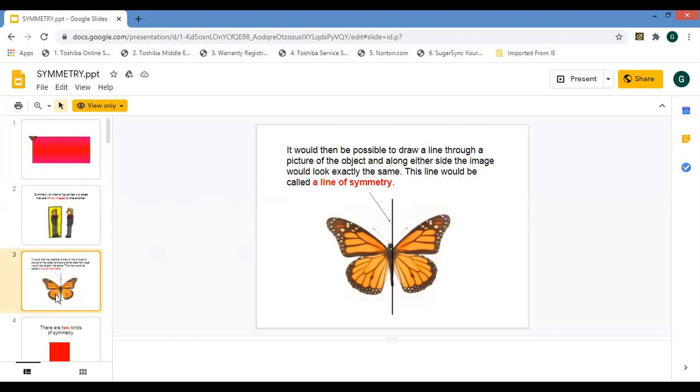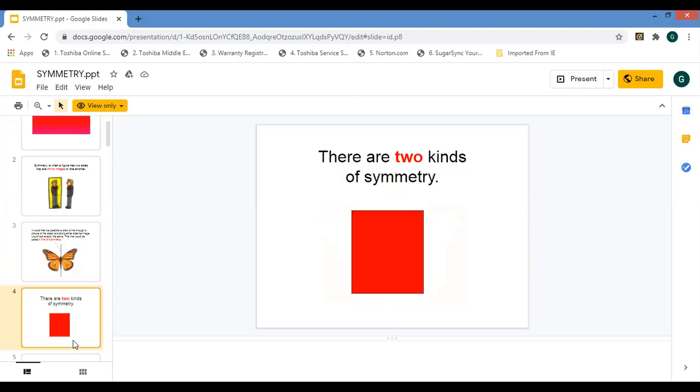This line is called a line of symmetry. When you cut the shape in half and the line you make cuts it into two equal mirror images, this line is called the line of symmetry.